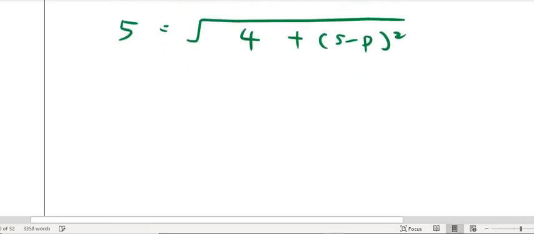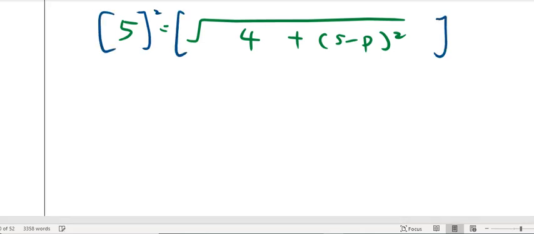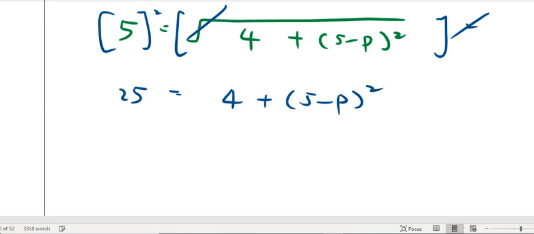So how to solve it? You square both sides. So you get 25 equals 4 add up with 5 minus p squared.